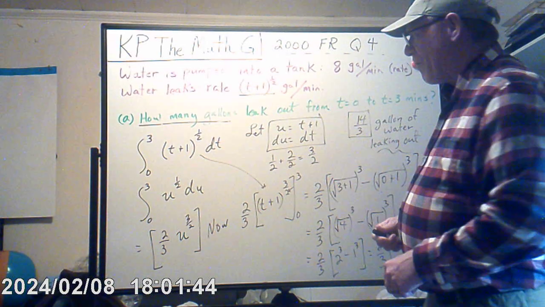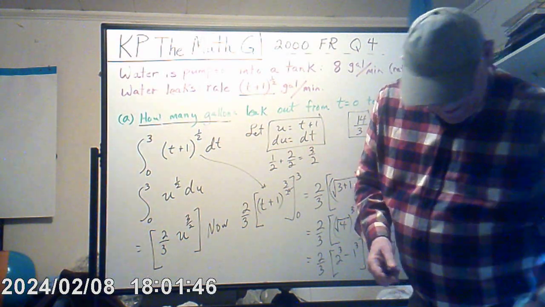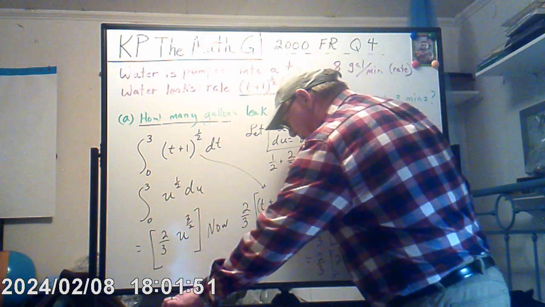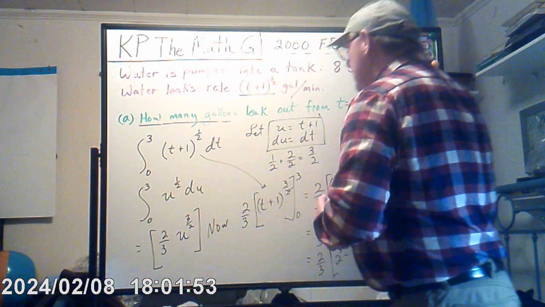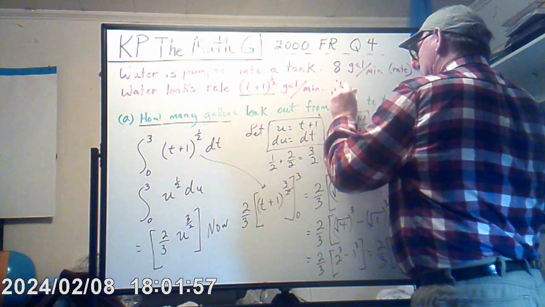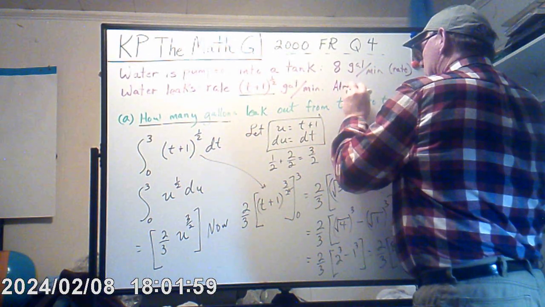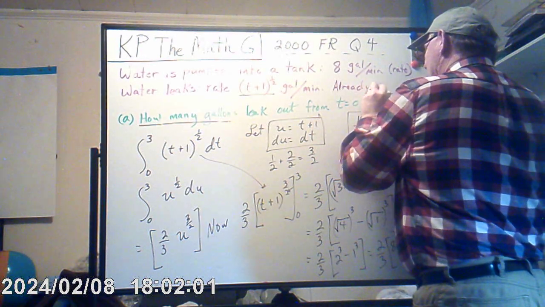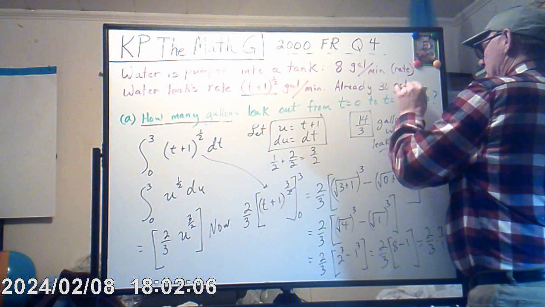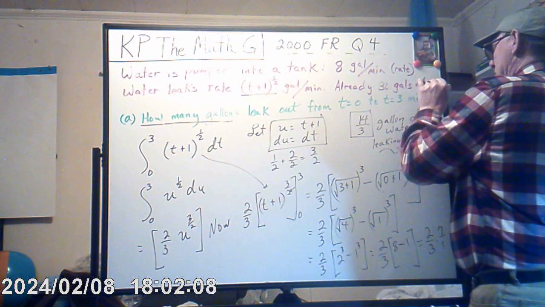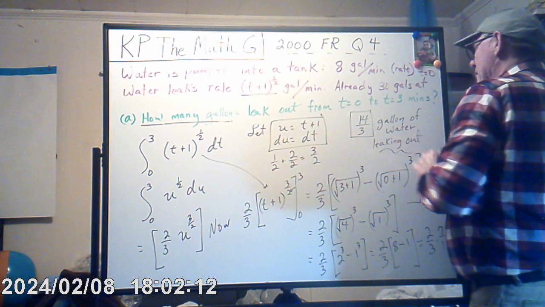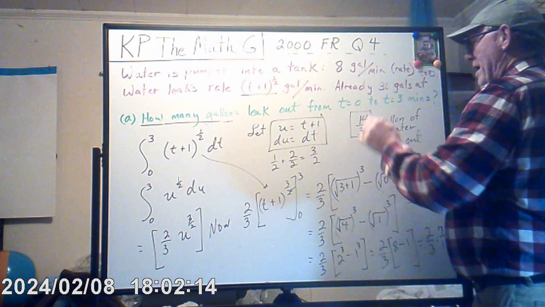Let's also be aware that there are already 30 gallons in the tank at T equals zero. That's what we have here.